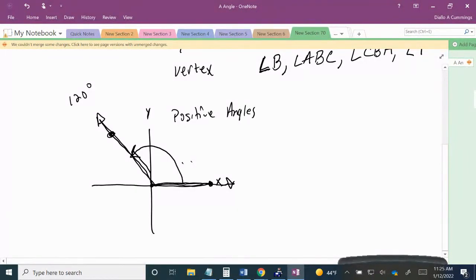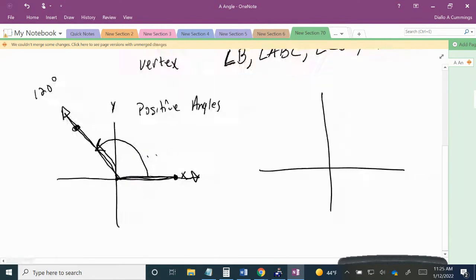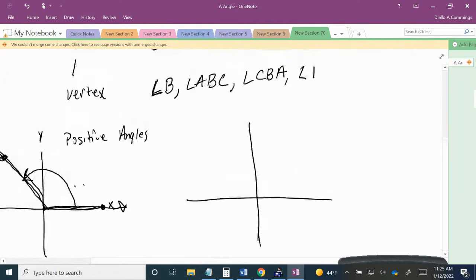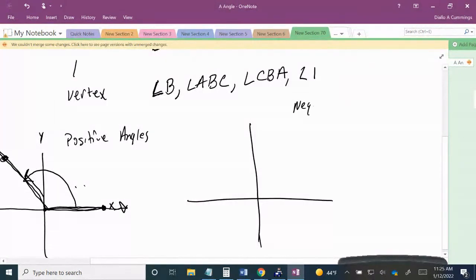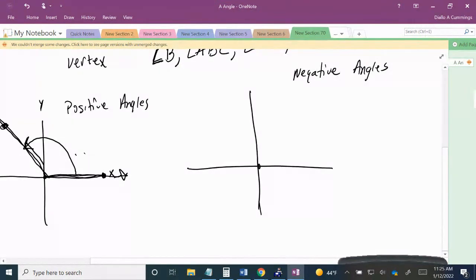So we have an angle of positive 120 degrees. When we talk about negative angles, our terminal side is rotated clockwise. Here's what I mean. All of our angles are in standard position, so they start along the positive x-axis.